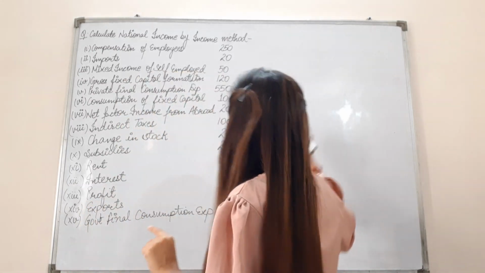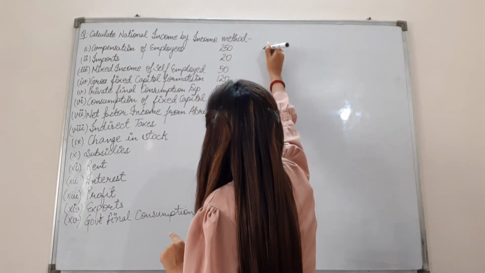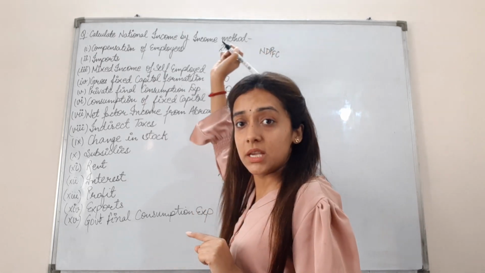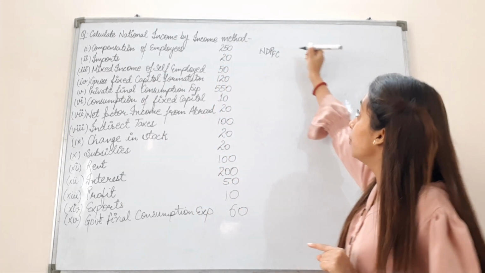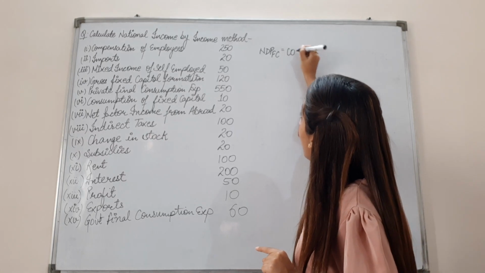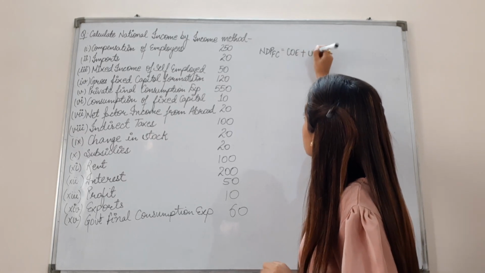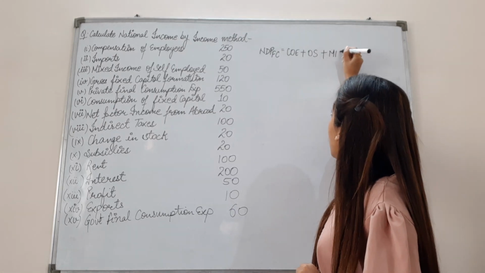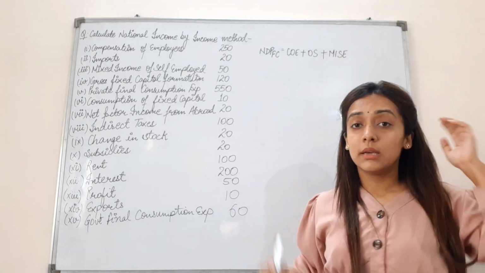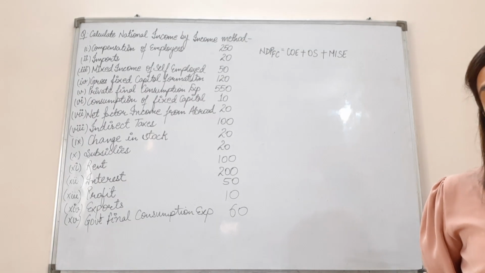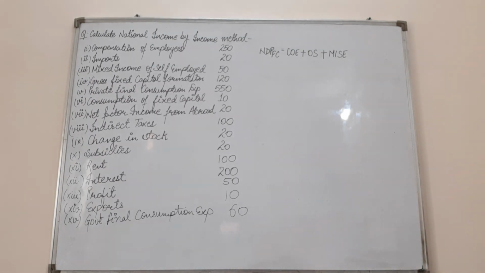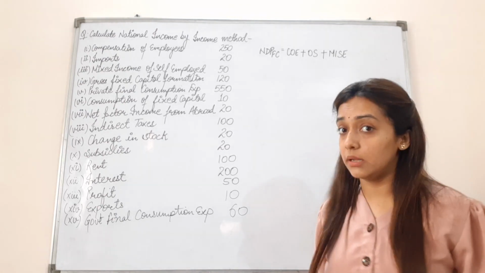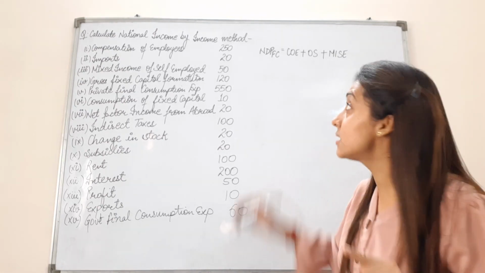So we'll go through the question. NDP at FC is equal to COE plus OS plus MISE. Because by income method, what can we calculate?